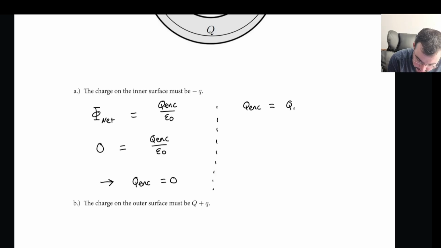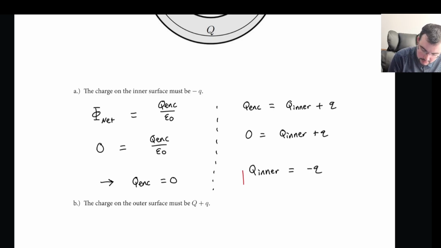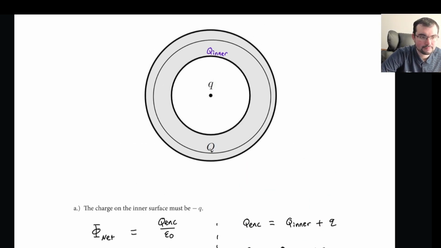I enclose both the inner surface and the charge in the cavity. So if that must result in 0 net charge, then the charge on the inner surface must just cancel the charge it's looking at. So now we can do a bit of updating here, where this isn't just Q inner.